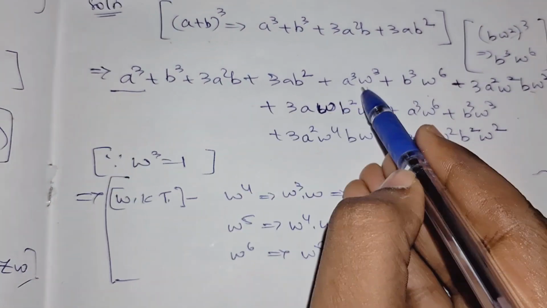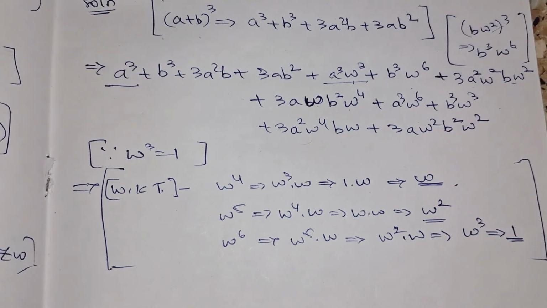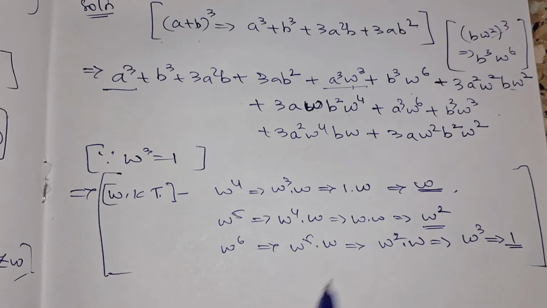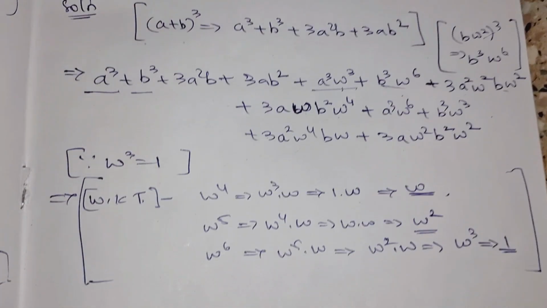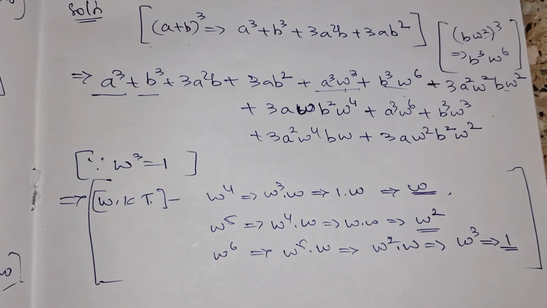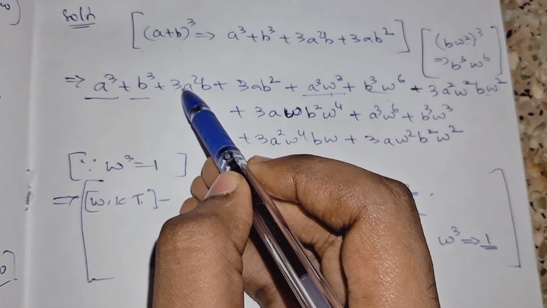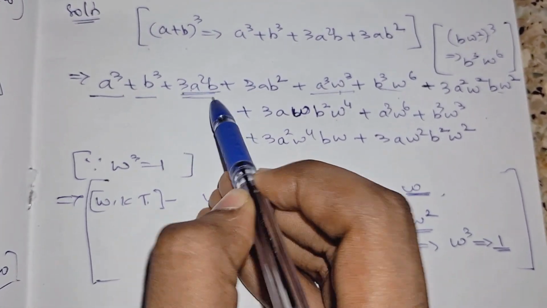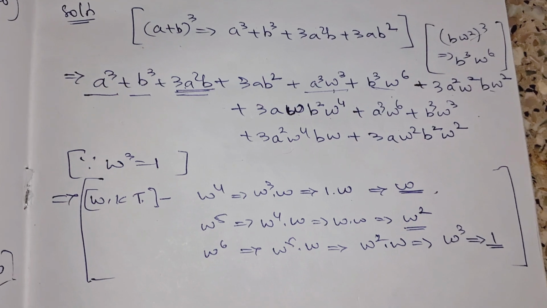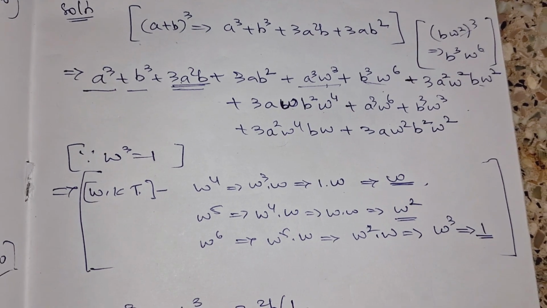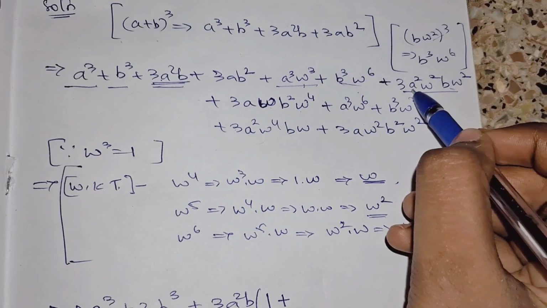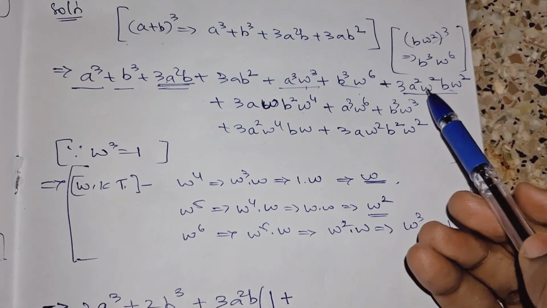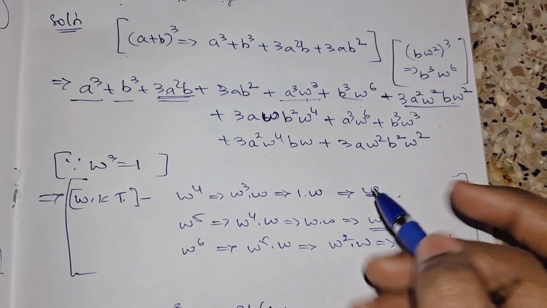Here we have a cube and a cube, so 2a cube, and similarly we have 2b cube terms. Then plus, now we will take 3a square b common. Taking 3a square b common, we get 1 plus, again here you have a 3a square b term, so we are left with omega to the power 4, isn't it?